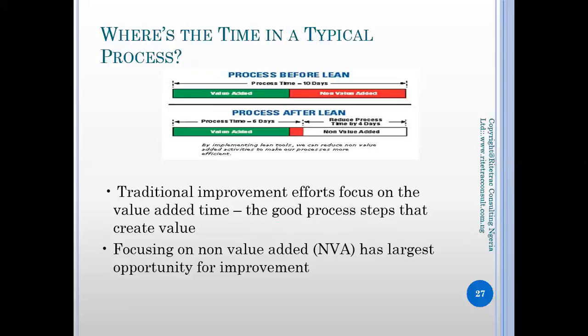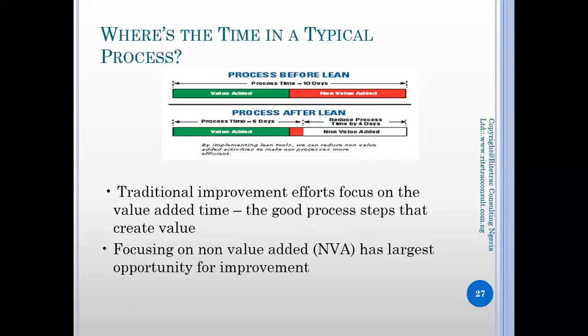Let's say it's a lab test, and in the past they would tell you to come in 4 days or in 10 days to get your lab test for a particular type of test. If you apply lean on that, you see that so many of the things that cause the delay can be removed. And that's what we've done here. That's why you have 10 days reduced to 4 days. And this can still be improved more.